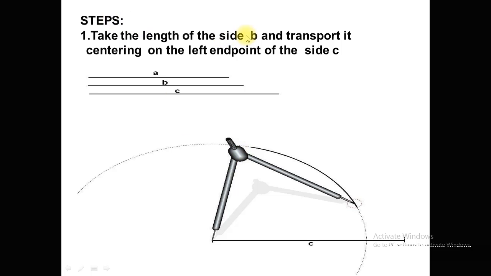Open the compass about the length of this side B, take the compass at this end point and draw this arc you see over here.